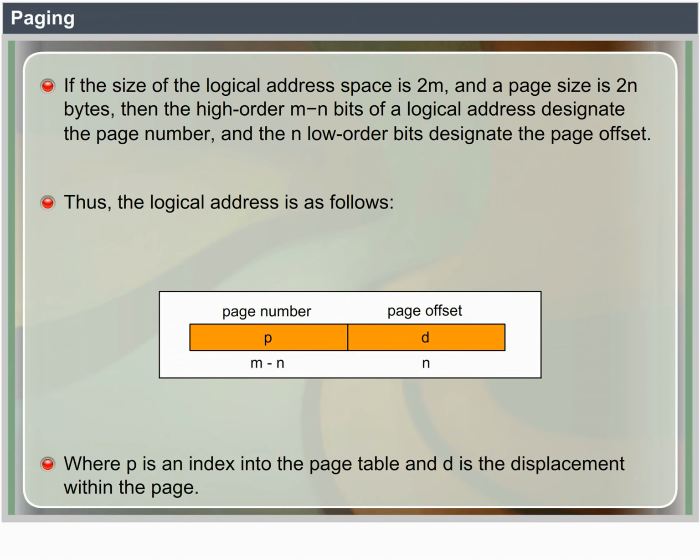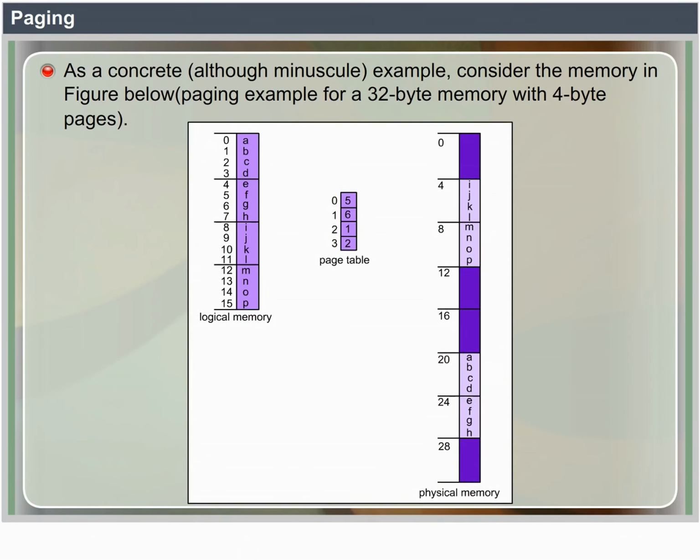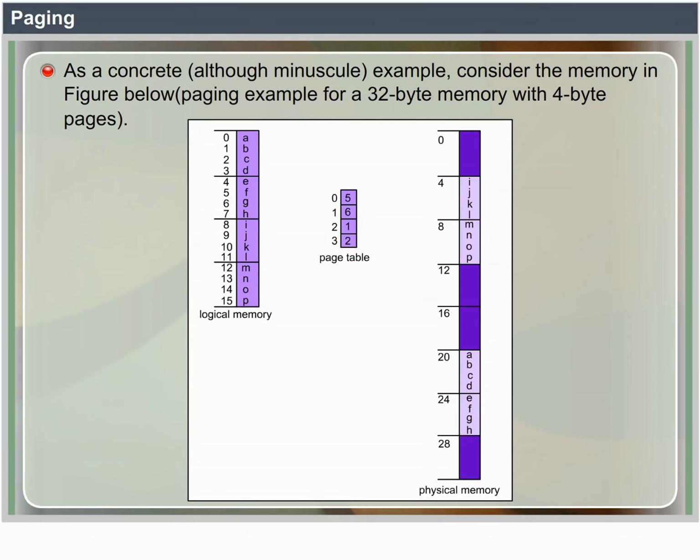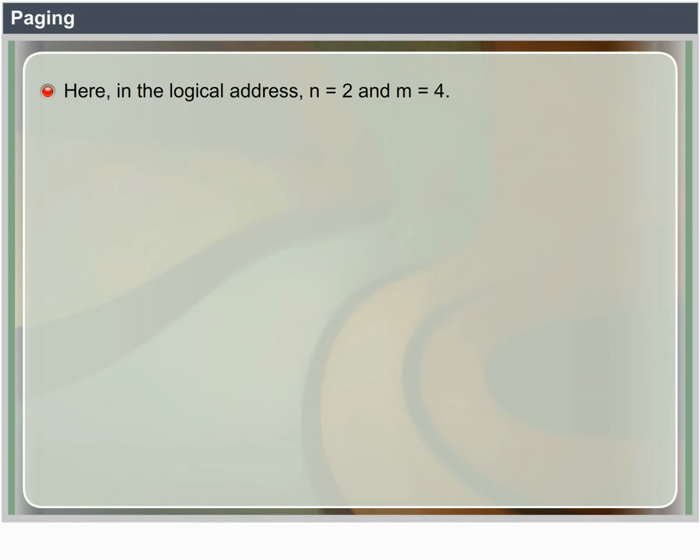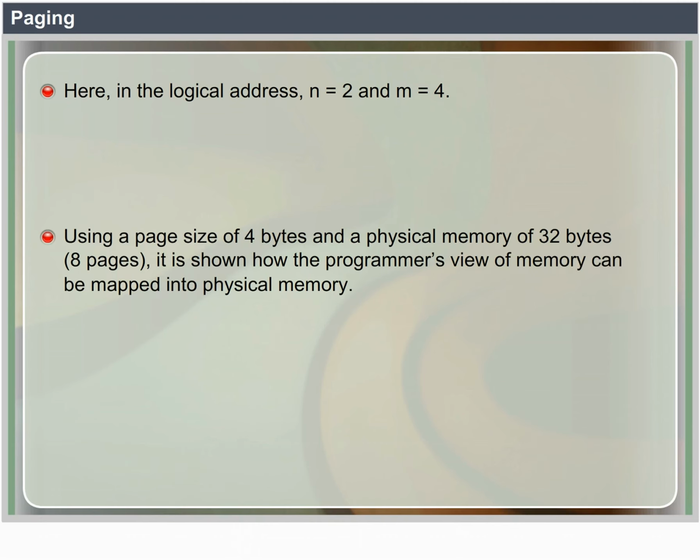As a concrete, although minuscule, example, consider the memory in the figure below. Paging example for a 32-byte memory with 4-byte pages. Here in the logical address, n equals 2 and m equals 4. Using a page size of 4 bytes and a physical memory of 32 bytes, 8 pages, we show how the programmer's view of memory can be mapped into physical memory.